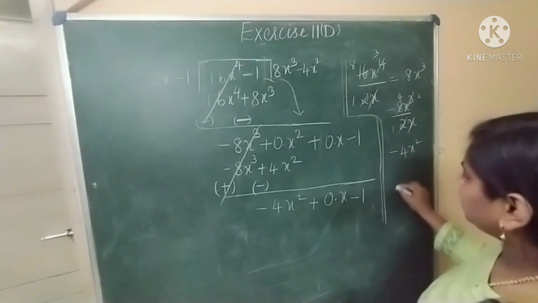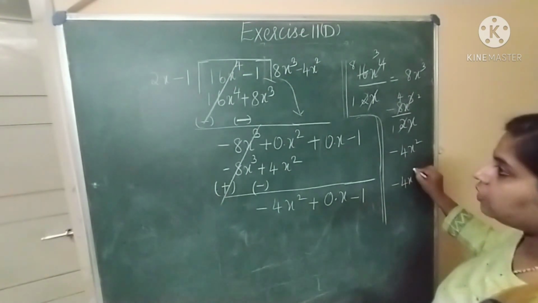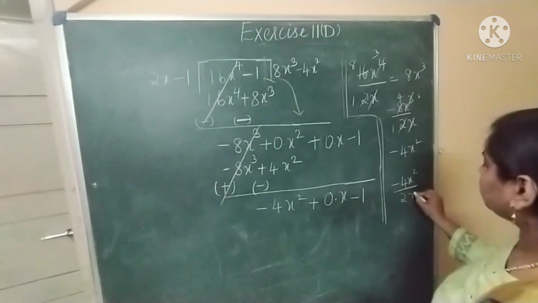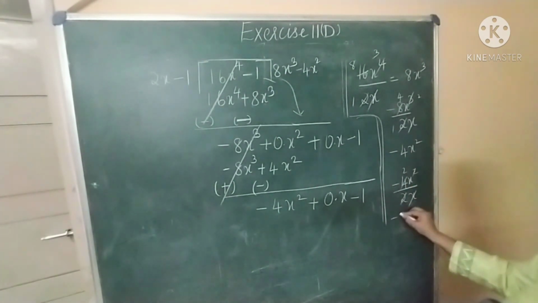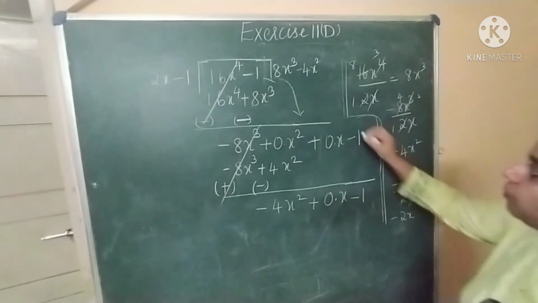We will continue. Minus 4x square divided by 2x. Here 2 twos are 4, and x square by x remains x, so minus 2x will remain.